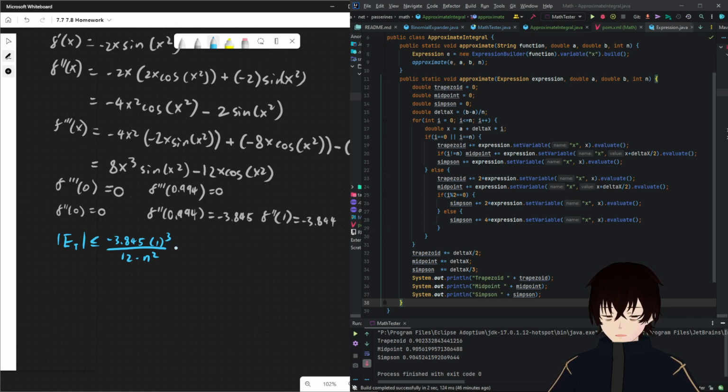So that's going to be E of t is less than or equal to 0.005007, but really we can't do that because of significant figures.